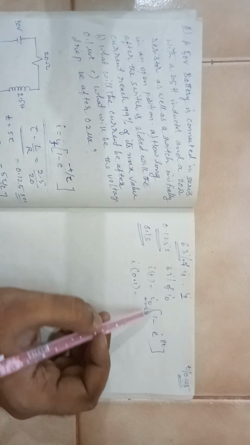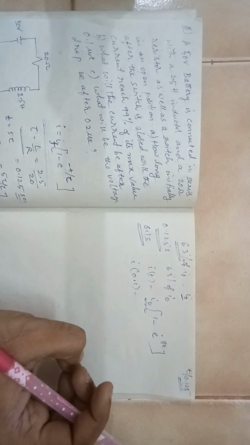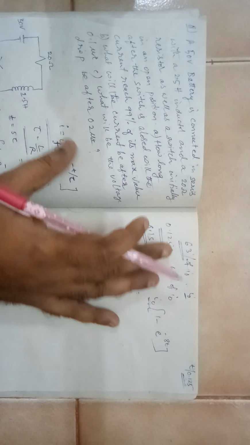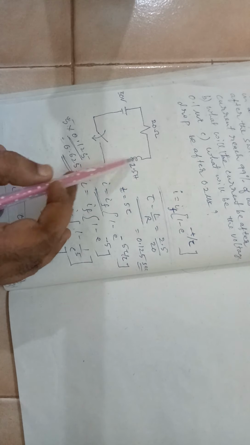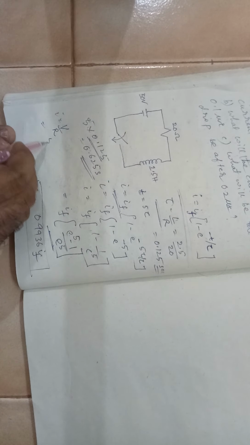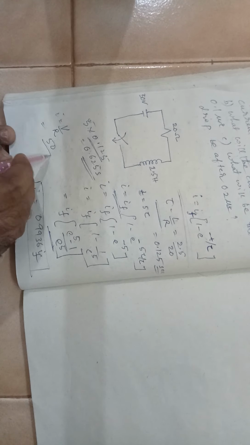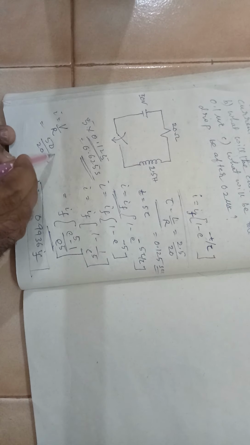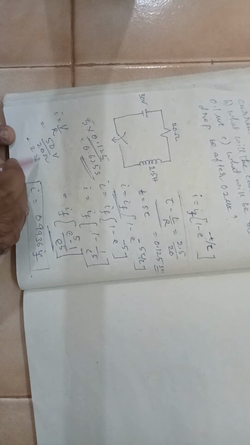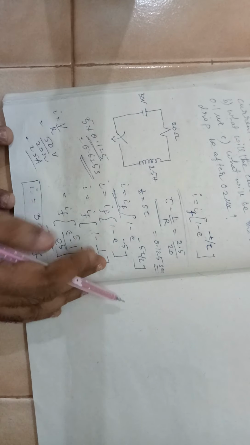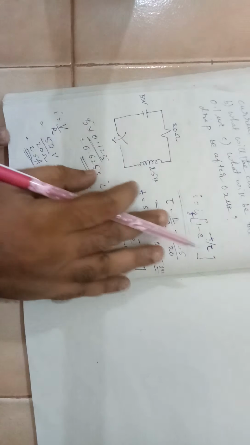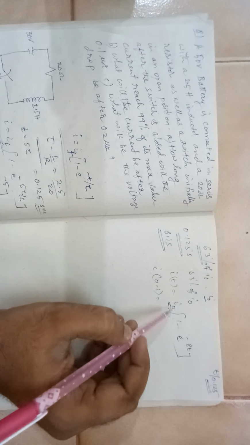I0 is the maximum value. At that stage this will behave like a wire, I said, so I will be equal to V by R, 50 volts divided by 20 ohms, which is 2.5 amperes. That is the value of I0.